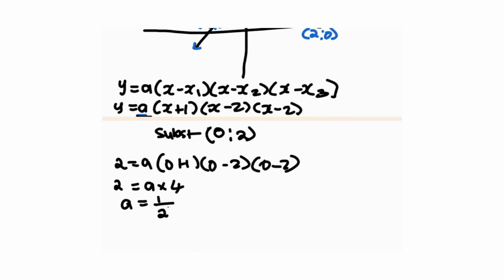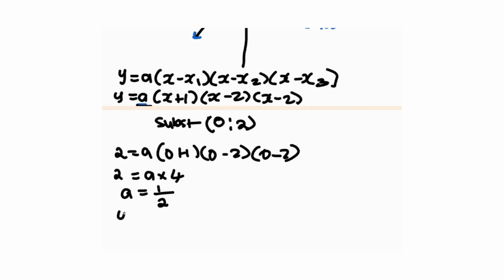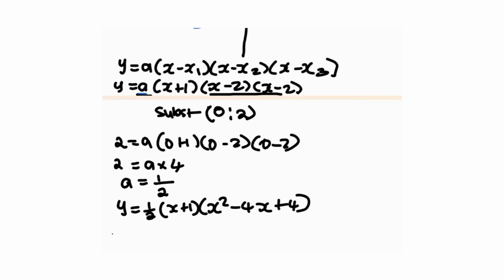So the value of a is a half. Now that we have found a, we have y equals 1 over 2 (x plus 1)(x minus 2)(x minus 2). I'm going to FOIL that. That must give us x squared minus 4x plus 4, and then I still need to multiply that by x plus 1.